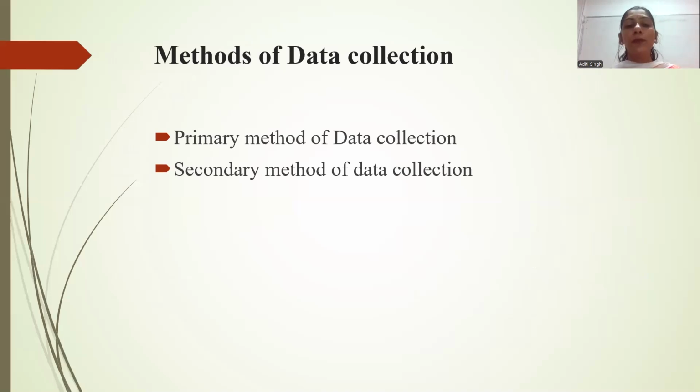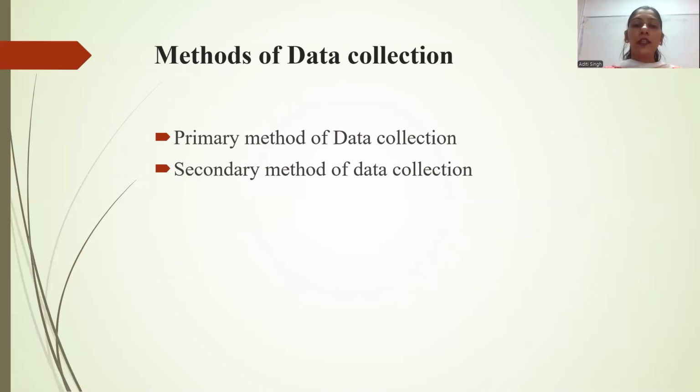Now let's come to the data collection methods. There are two methods of data collection, primary and secondary. Depending on the source, data could be collected through the primary source or through the secondary source.